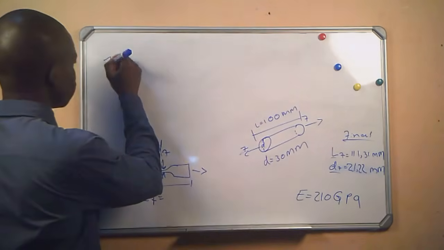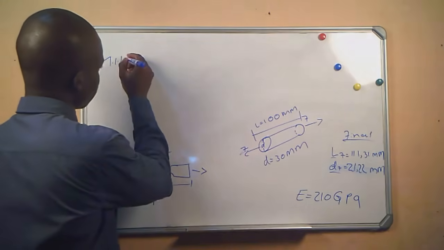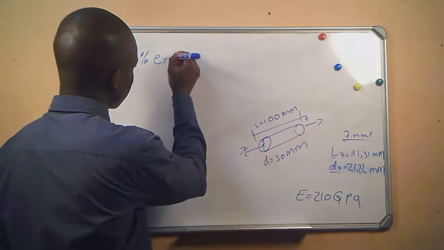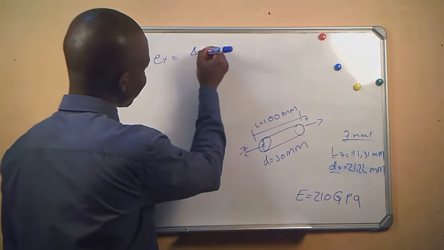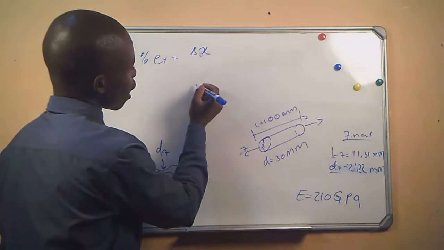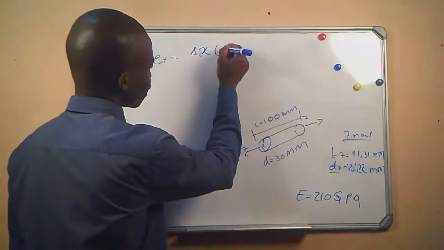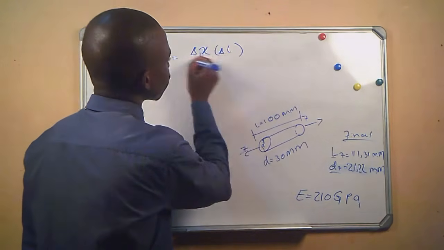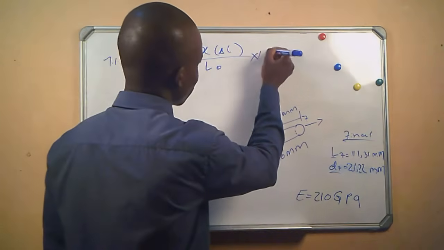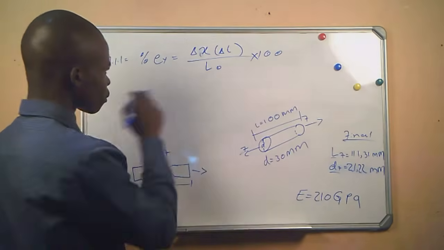Start with 7.1.1. That's equal to the percentage extension. It's equal to the change in length. Most of the time they will write change in x, but know that that is the change in length divided by the original length times 100.